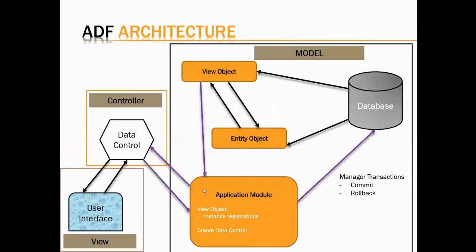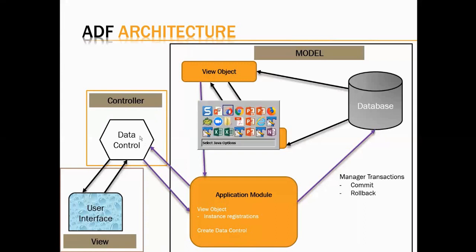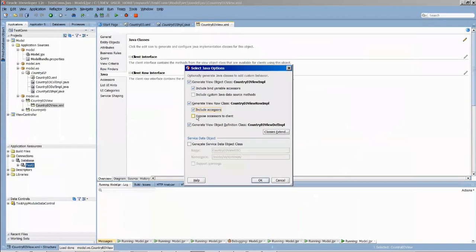But sometimes, instead of referring to the view instance, you may want to give direct access to the data control, like a data control dot get method or set method. If you want that level of access, you have to expose accessors to the client. It means you can expose setting and getting data directly to the data control.